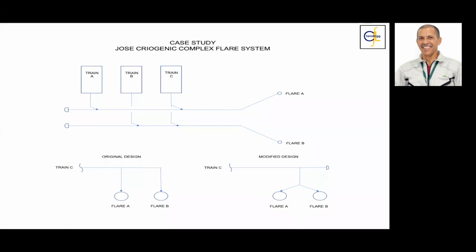After we completed the upgrade project from 35 to 50,000 barrels per day, the demand for propane and butanes was still increasing, and they introduced another processing train in the Santa Barbara field that allowed this plant to include another 50,000 barrels per day NGL processing train.